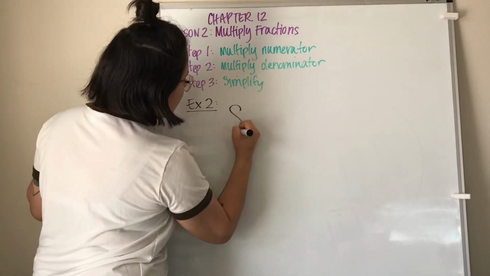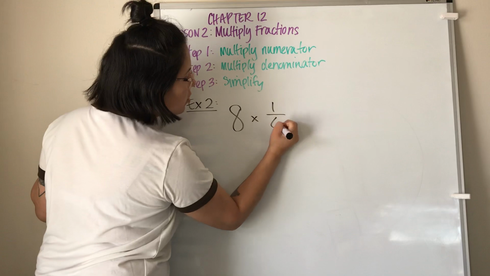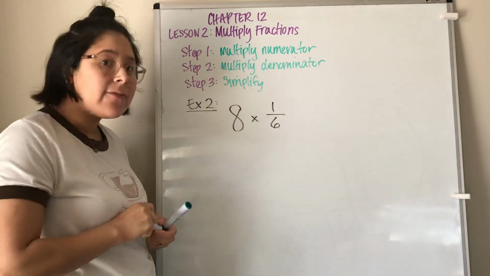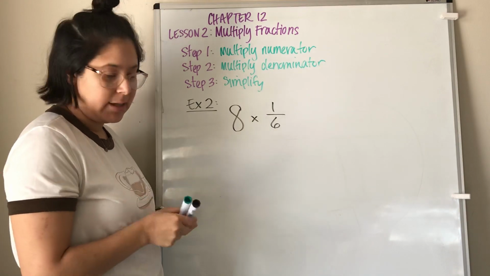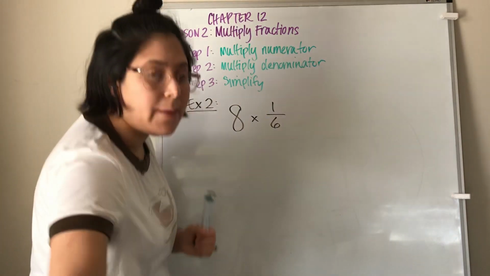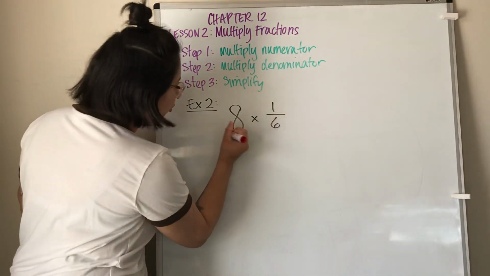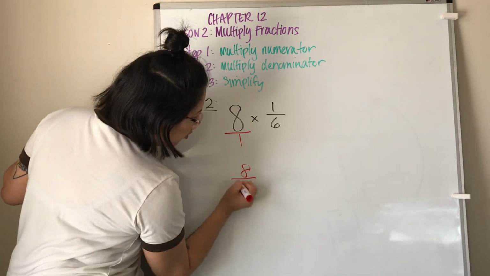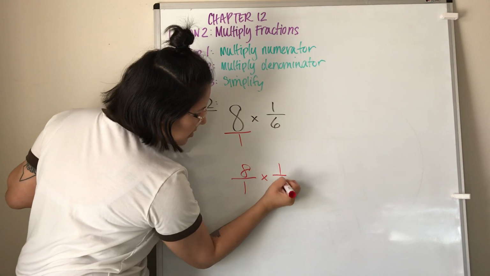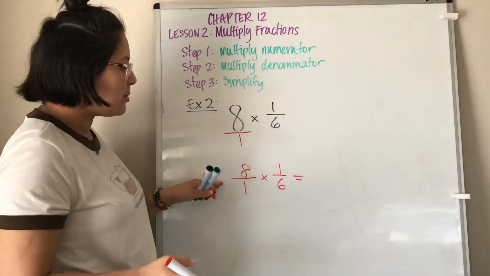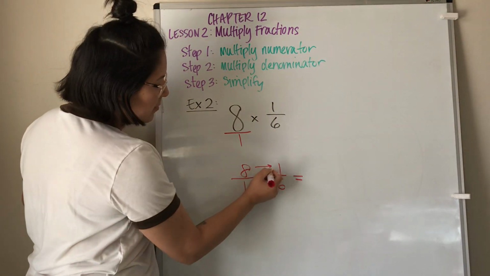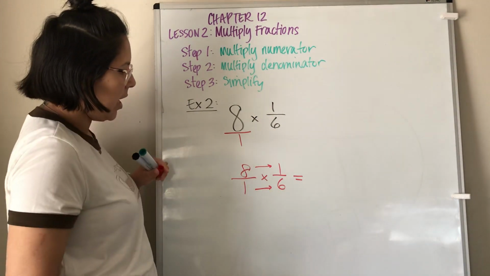I have 8 as a whole number, so it's a big number, times 1/6, okay? Whenever I see a whole number like this, I'm going to draw an imaginary 1 over 1, okay? So now it reads 8 over 1 times 1/6, and that just helps me see that I need to multiply the top together and multiply the bottom together, okay?